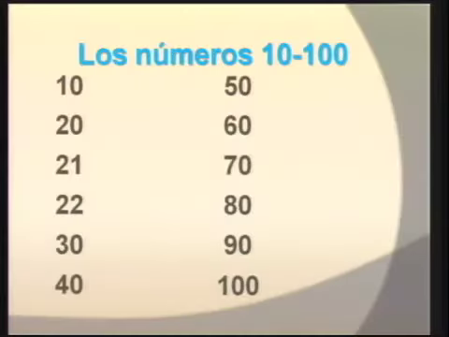Once you get to 20, you just add on 1 through 10 as you go. For example, let's do, repite por favor, 21, 22, 23, 24, 25, 26, 27, 28, 29, 30, 31, etc., etc. So we're going to count by tens.